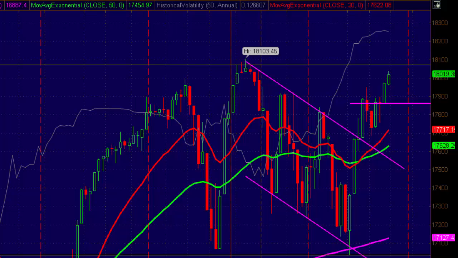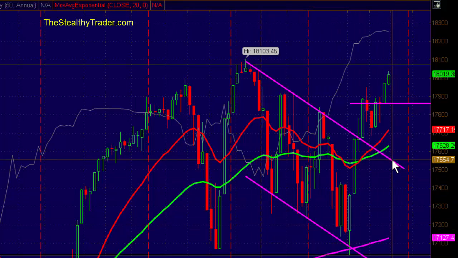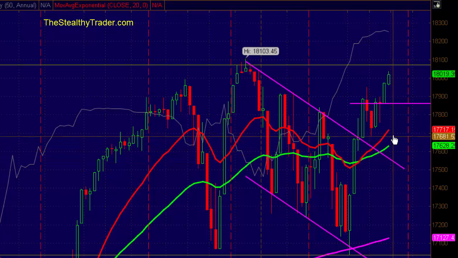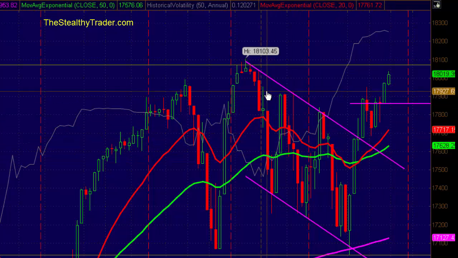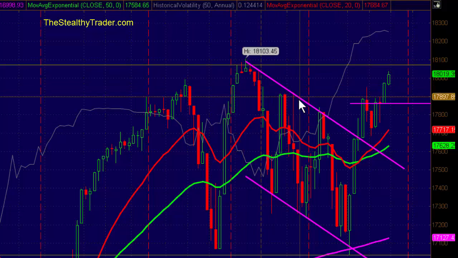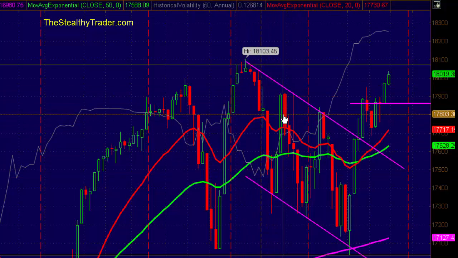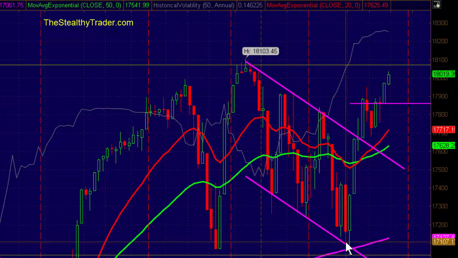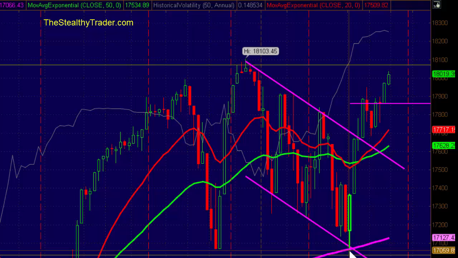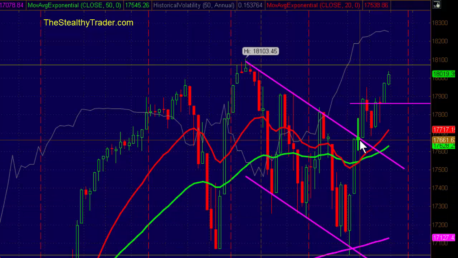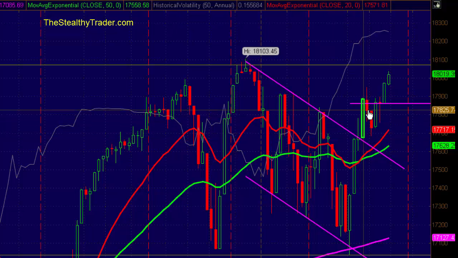Okay, so let's take a look at the Dow. As we explained in our most recent video, we've had a down channel, which has taken almost 2 months, with some vicious down moves. But this last pop off the bottom of the channel and the 200-day moving average took out the upper boundary of the channel, and we've consolidated a little bit.